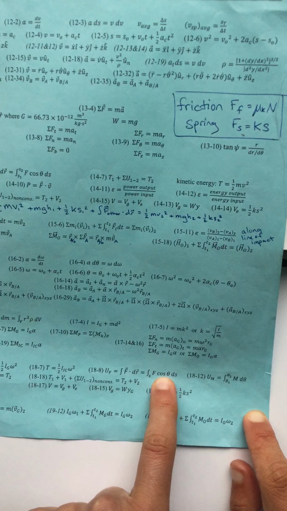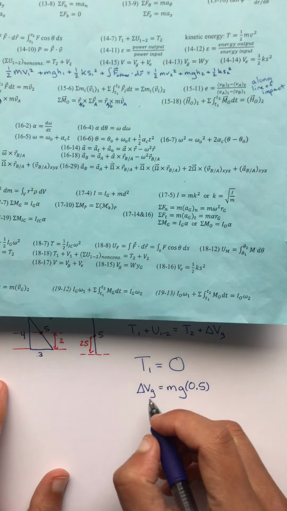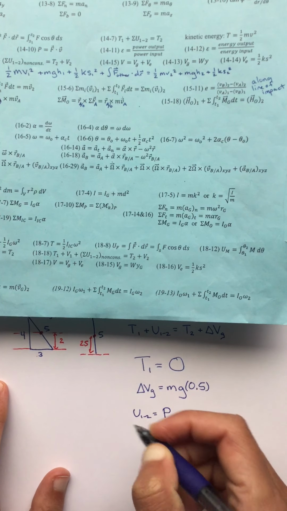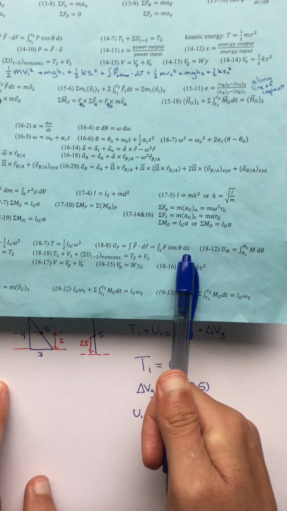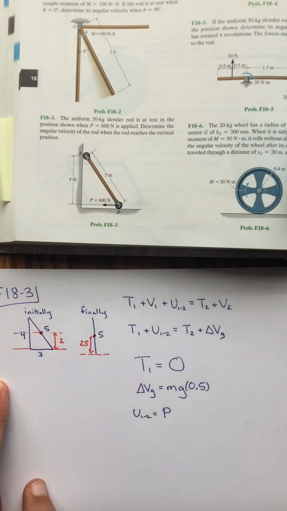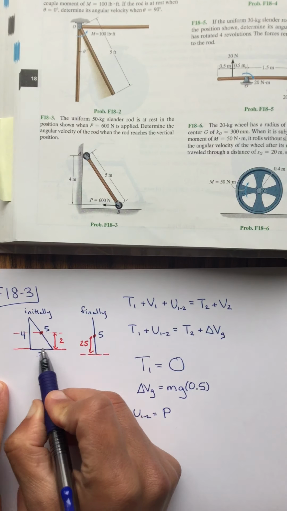The force is constant, so the force can come outside. So for the work done by the force P, we have our constant force P, which comes outside. Then when we integrate ds, that just gives us the change in position.